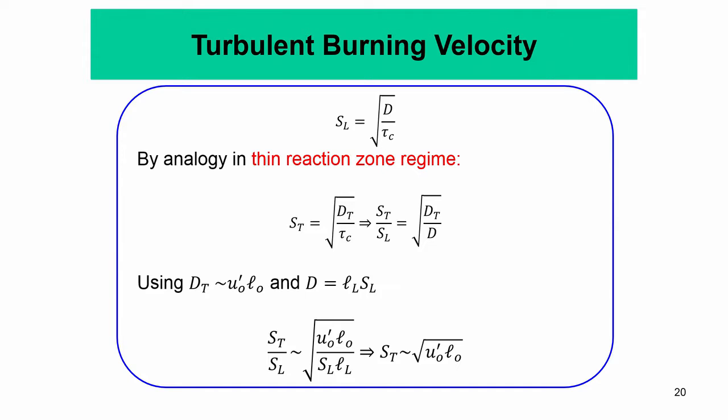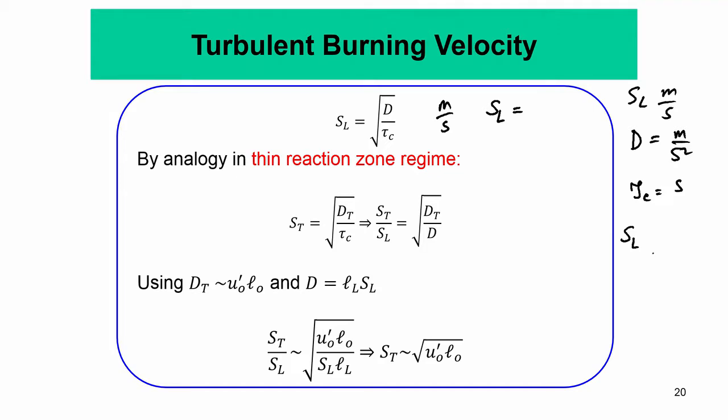He said that the planar laminar flame speed SL has units of meters per second, and the diffusivity, when the Lewis number equals 1, has units of meter squared per second, and the flame crossing time is in seconds.